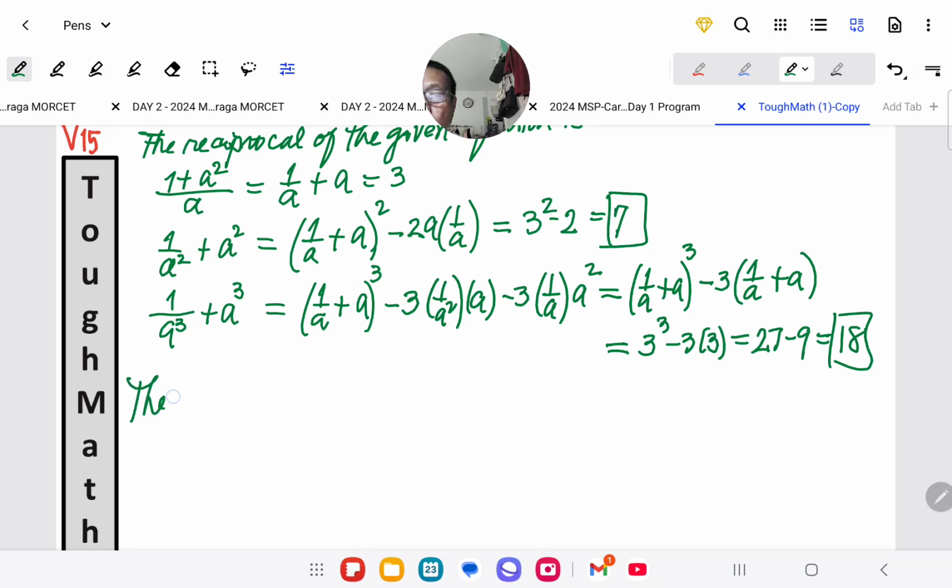Therefore, 1 over x is equal to a to the 6 plus a to the 5th.